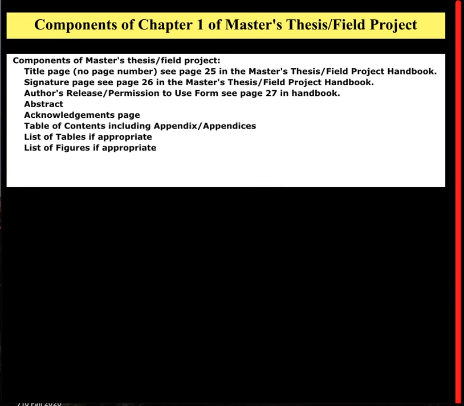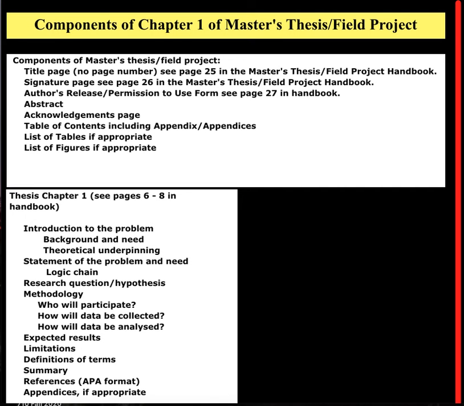Now, if you are doing a thesis, then, as you can see on your screen, you want to look at pages 6 through 8 in your handbook. Now, the different sections that you should have are listed here for you. You'll have an introductory section, and you can read about that in your handbook.